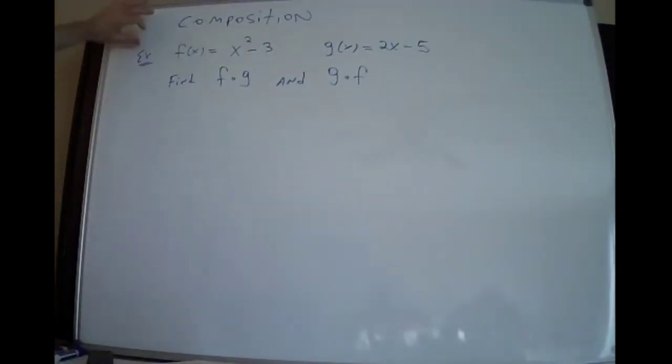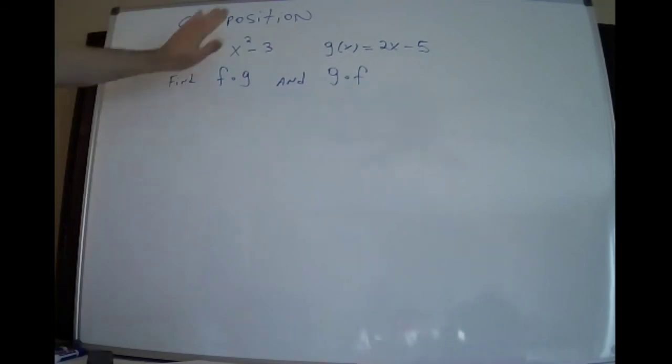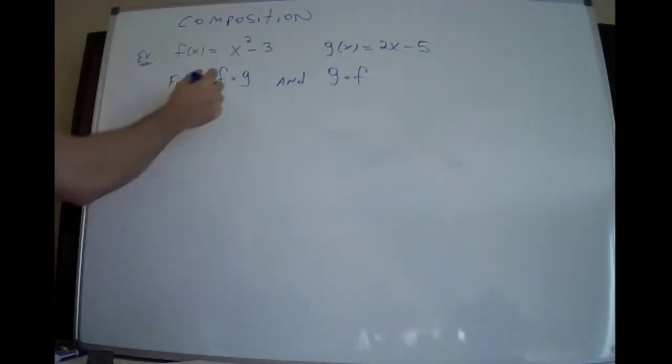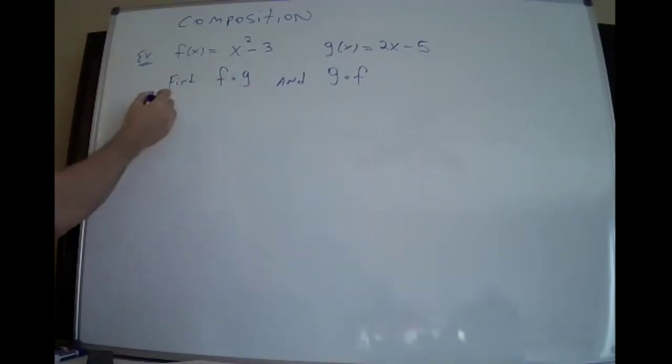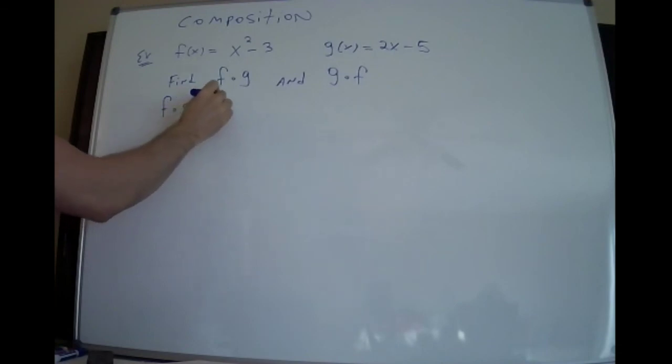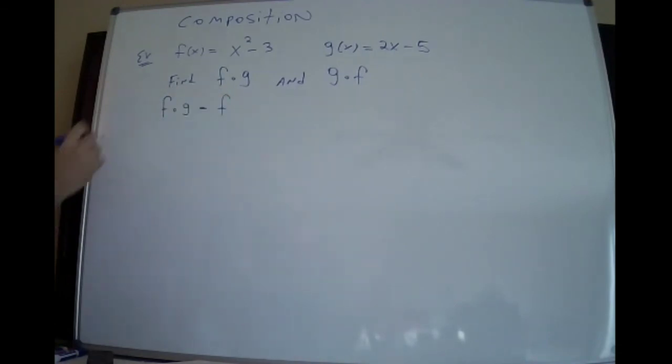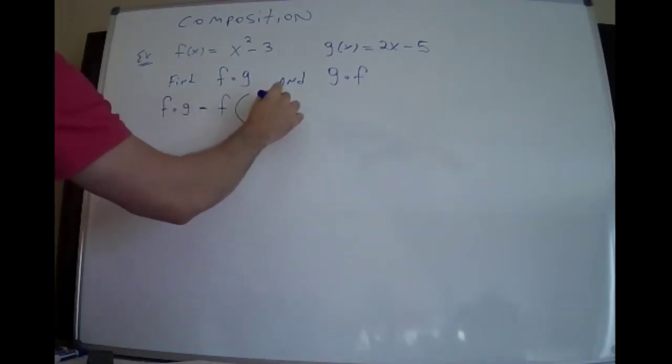There we go. Composition of functions. It means plug one function into the other. So first I'm going to do f composed with g, f circle g, or f o g. So what f o g means is take the f function. The letter that goes first is always the one you're plugging into. So take the f function and plug the g function into it.